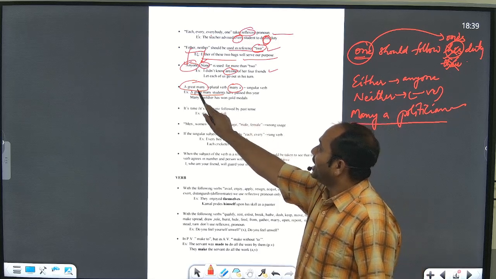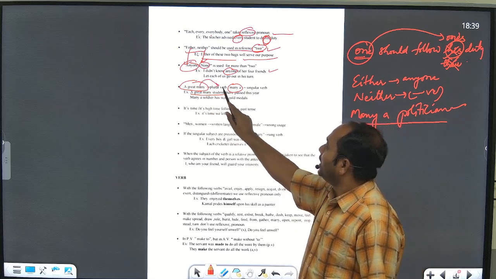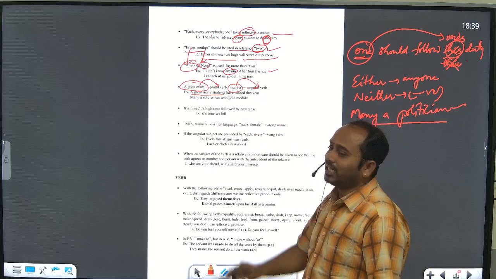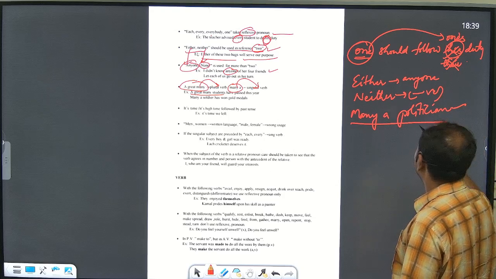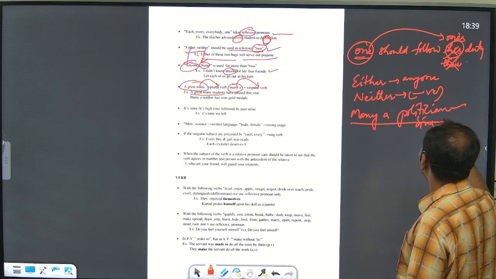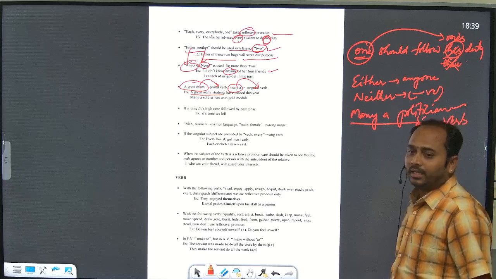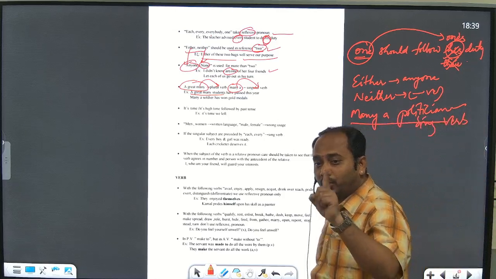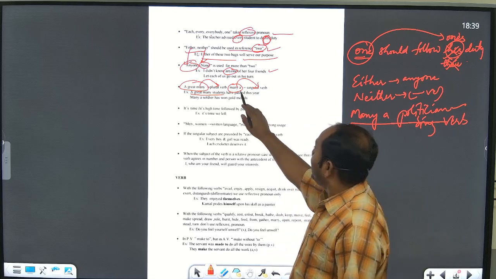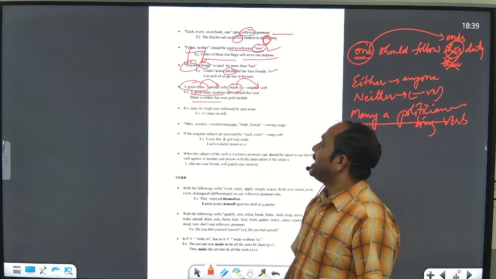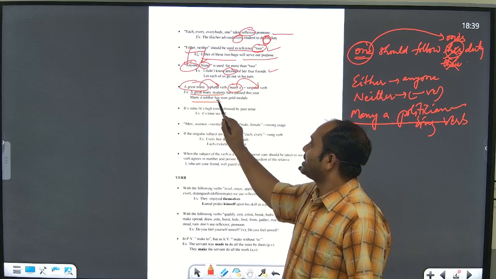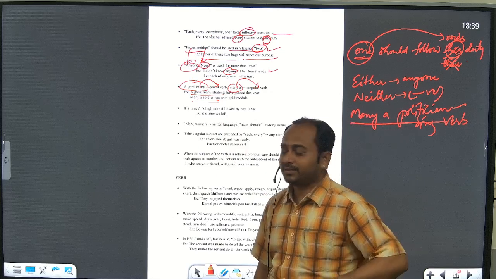So, a great many takes a plural verb and many a takes a singular verb. Okay. A great many followed by plural verb. Many a followed by the singular. Many a soldier has won. Has, as it is a singular, we have used here has.